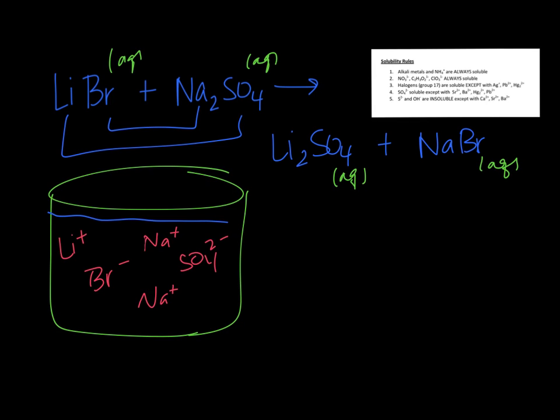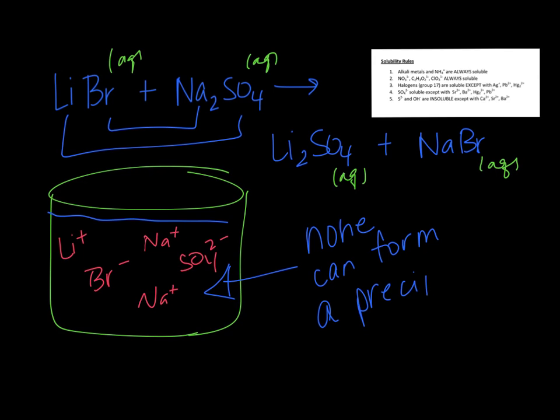So in this solution, we have all these in here. Well, in the product, it's the same thing. Nothing has happened because none of these ions in here can form a precipitate.